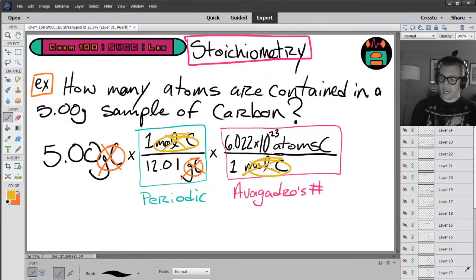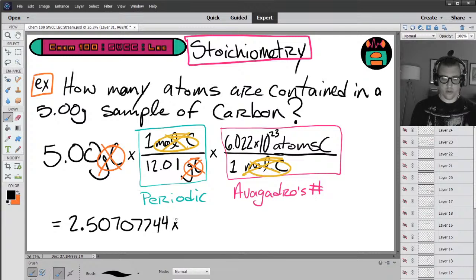All right, my calculator is telling me that my answer is 2.507774 times 10 to the 23rd. Let me just double check that. Yep.